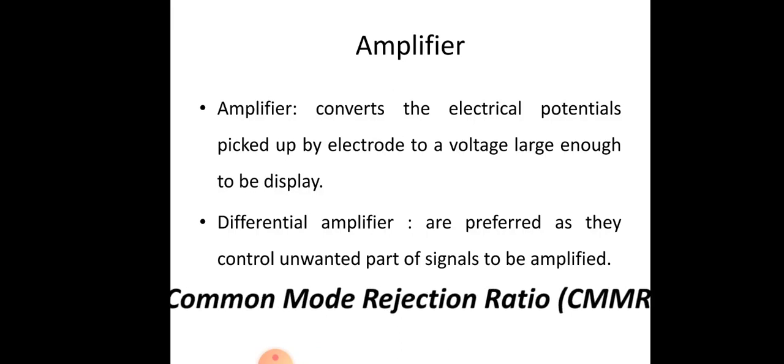Common is common for every muscle, it has to be present. CMRR, the common mode rejection ratio, has to be present in EMG. It is one mode in the phase of amplification. Please remember, it is one mode in the phase of amplification. So common and mode are dealt with. Now coming to rejection ratio.